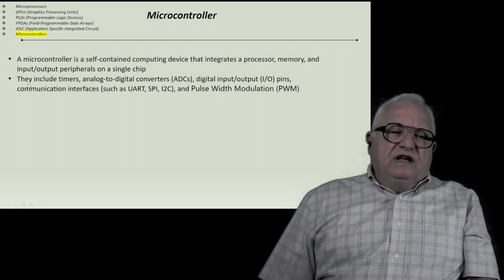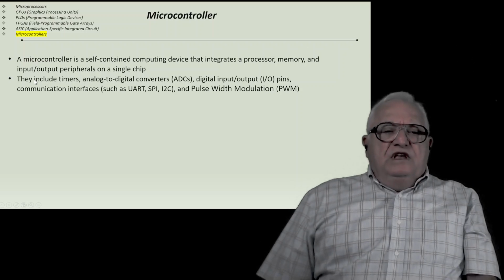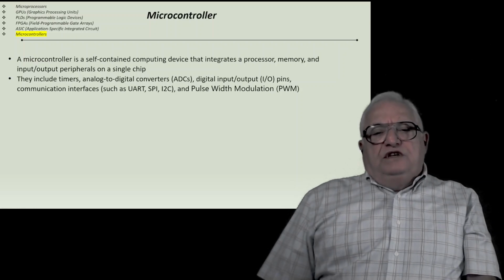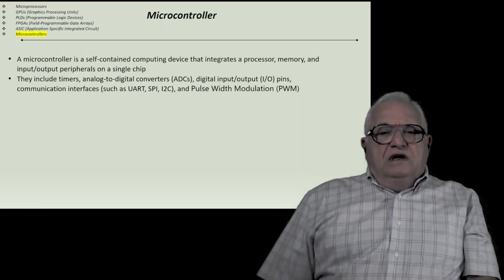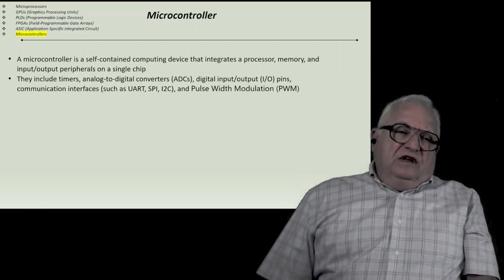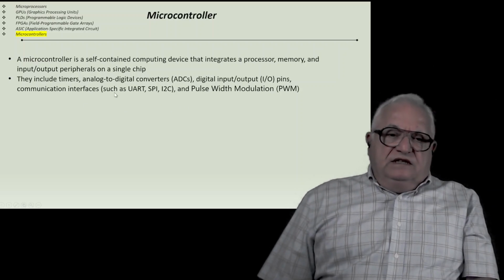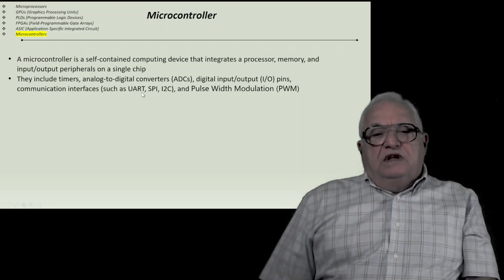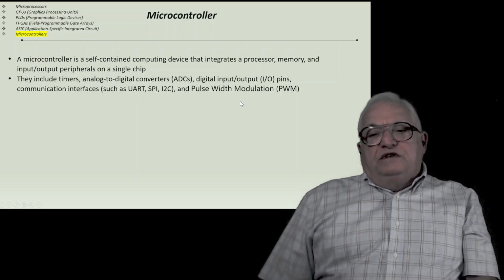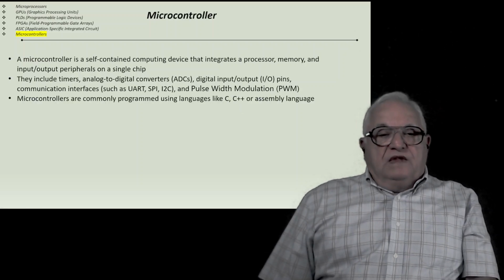For example, the microcontroller includes timers, analog to digital converters, digital input-output pins, and many communication interfaces such as UART, SPI, and I2C. It also has pulse width modulation signals that you can put out.